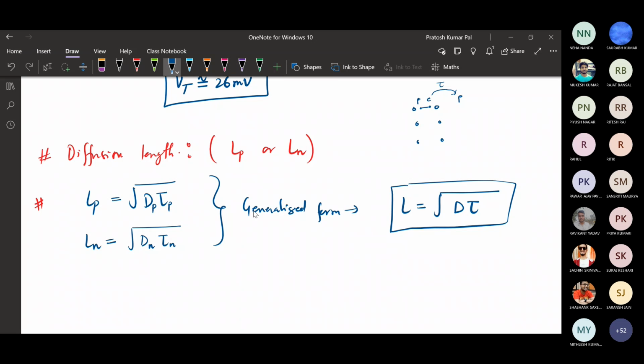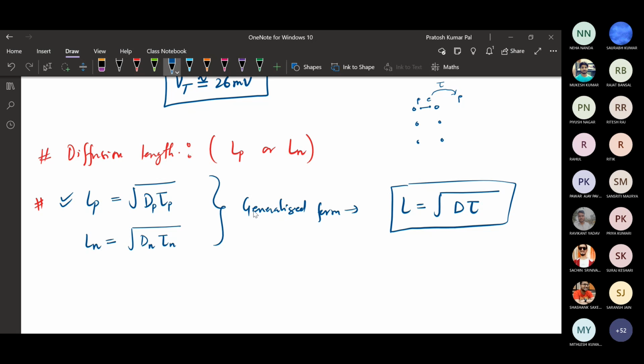In some objective type questions, this Lp value is directly asked, once the carrier lifetime and diffusion coefficient are given for the charge carrier. We can get the Lp value, the diffusion length. So you can relate how this Lp depends on the diffusion coefficient and the carrier lifetime.